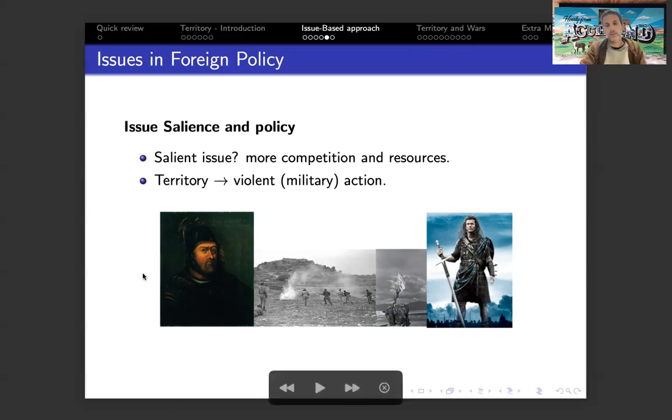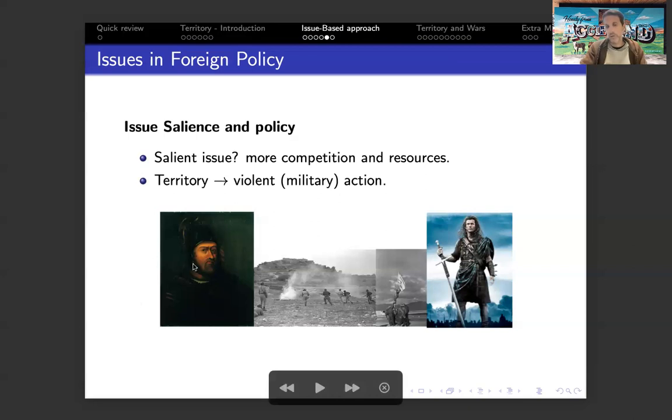And what you have here on your screen are examples of territorial issues between different actors, which led to a violent solution. So the two gentlemen here on the sides of the screen are actually the same person. This is William Wallace, a Scottish individual who took a substantial part in leading the first war of Scottish independence from England back in the 13th century.